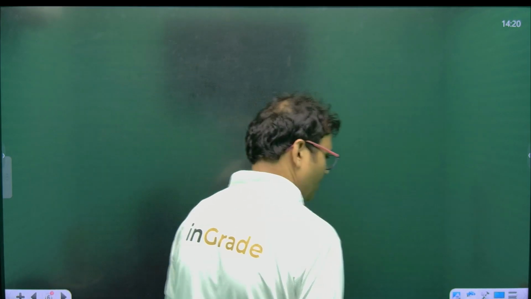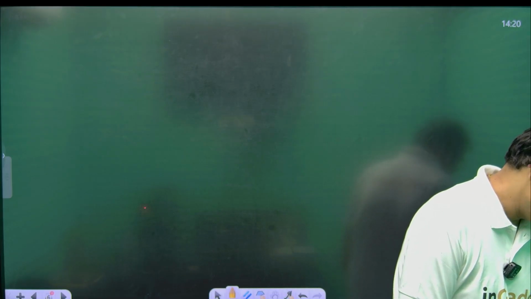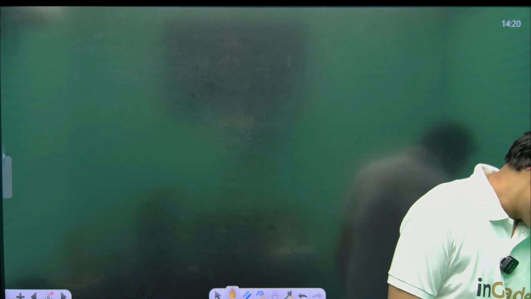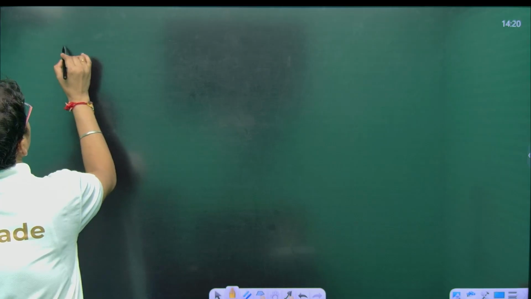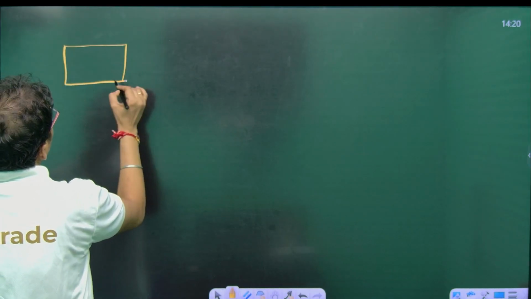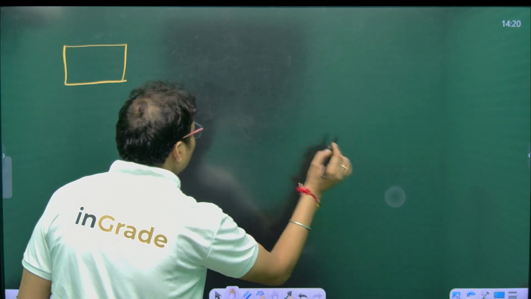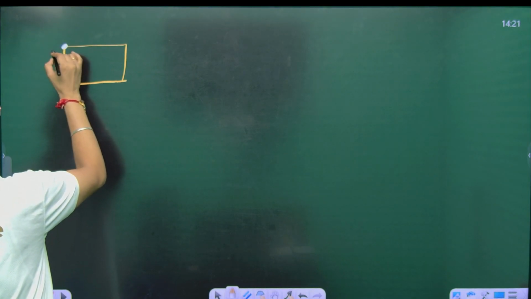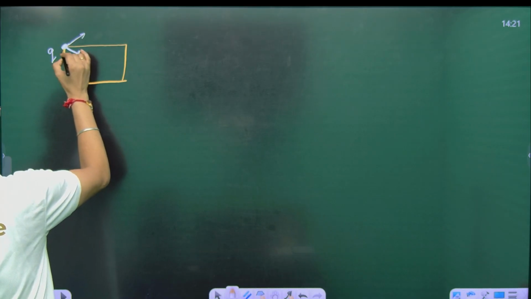Clear? Now let's see when a point charge is kept at one corner of a rectangular plate. The point charge Q will develop an electric field which is radially outward.